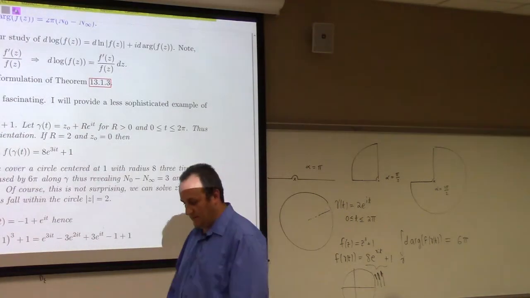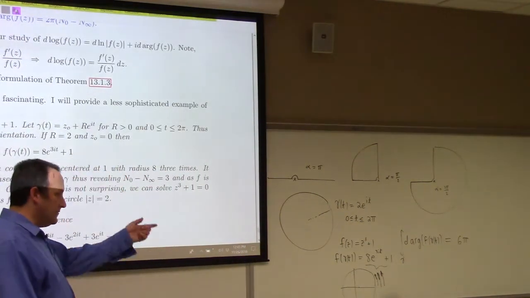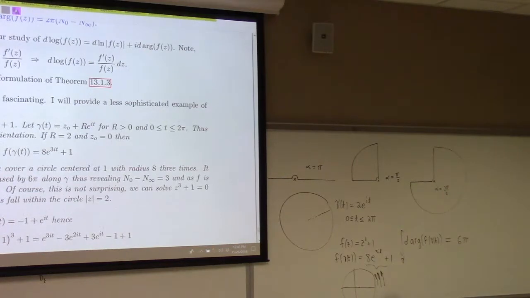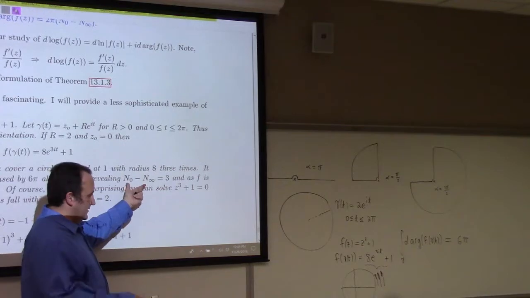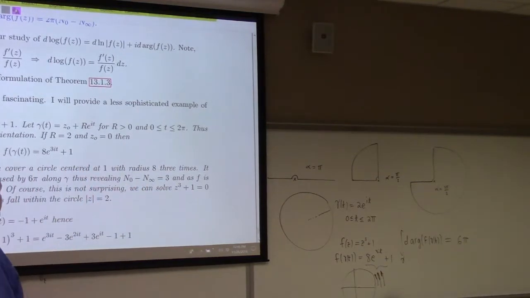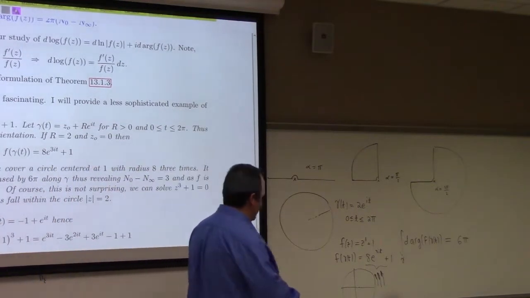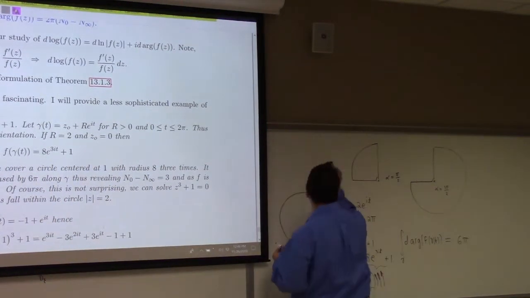Because if you look at the net change in the angle for the argument of f of gamma of t, it's clearly 6 pi. But we also know that 6 pi is what? The argument principle we just went through says that the integral is 2 pi times N_0 minus N_infinity. Sorry, I have all these symbols, and I need to actually write down the theorem.